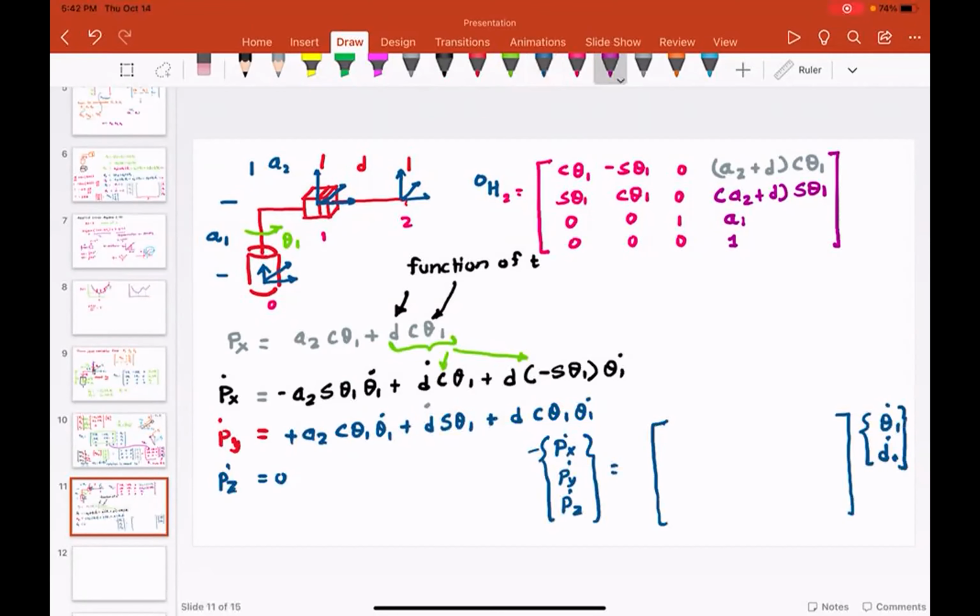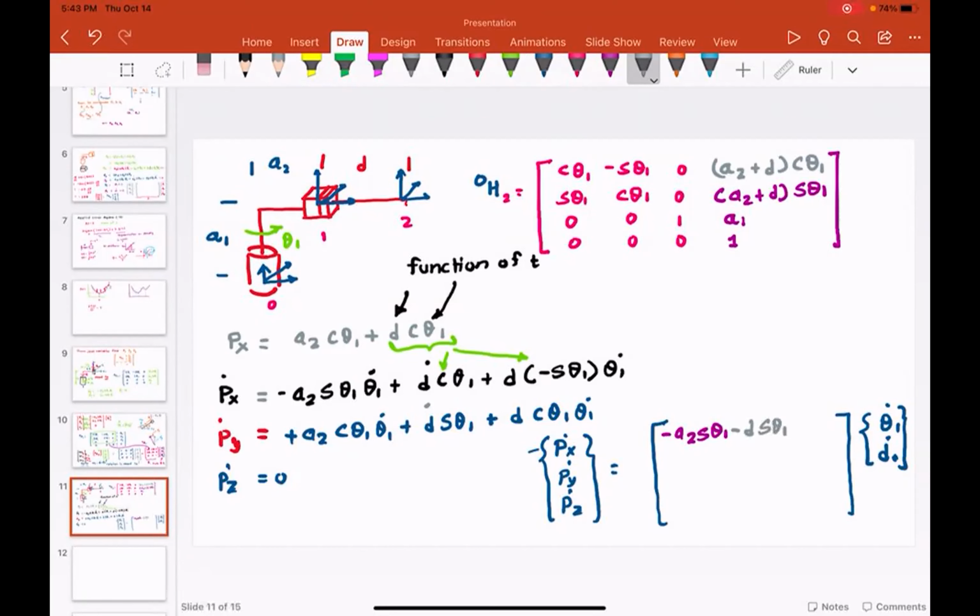And then this is going to be minus A2 sine theta 1 minus D sine theta 1.